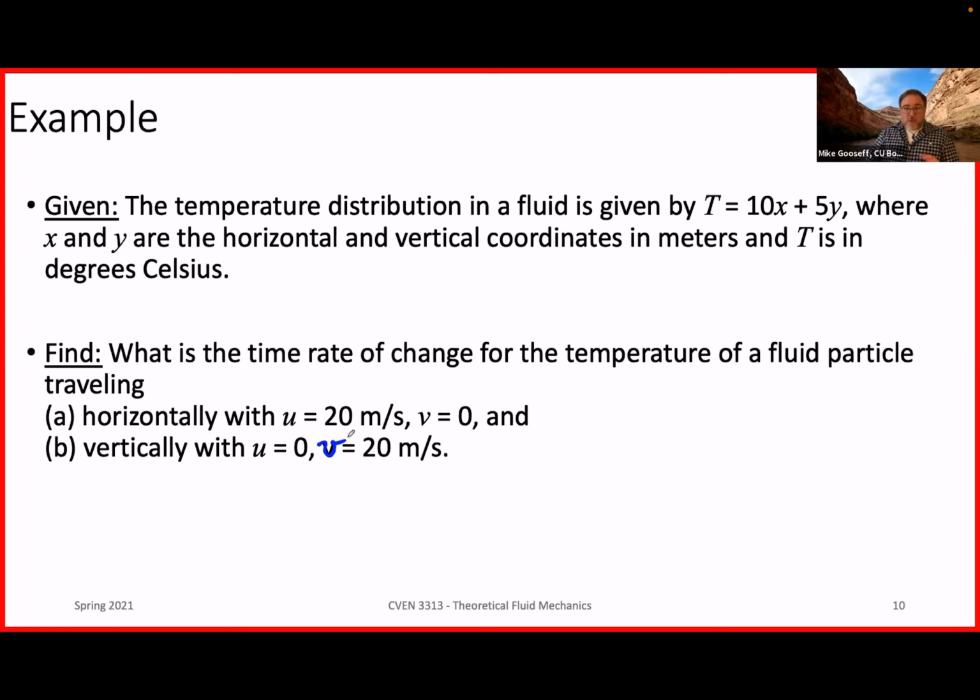All right, again, we can apply the material derivative. In this case, we're amping it up a little bit, right? We're gonna go from 1 convective acceleration on the right-hand side, the second term on the right-hand side, to 2, all right?